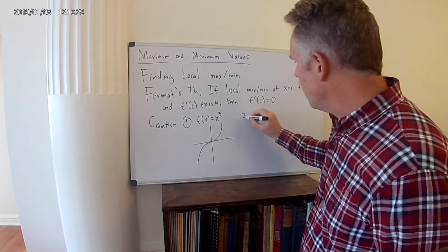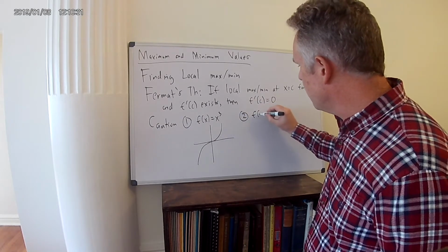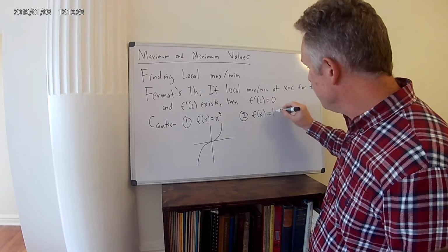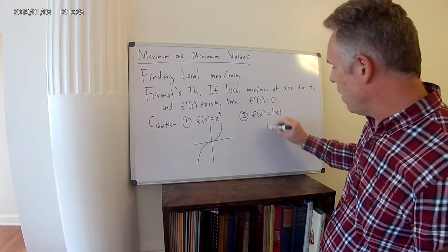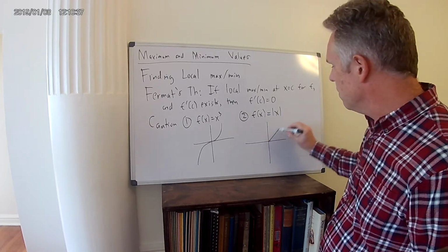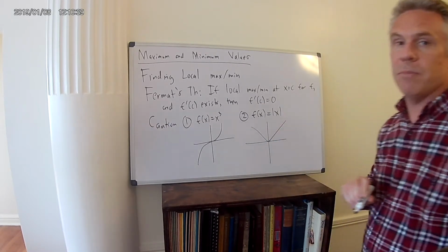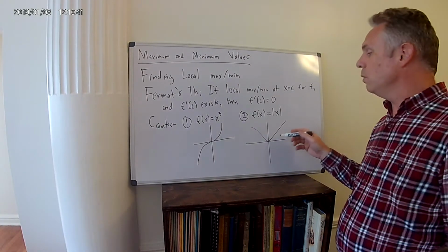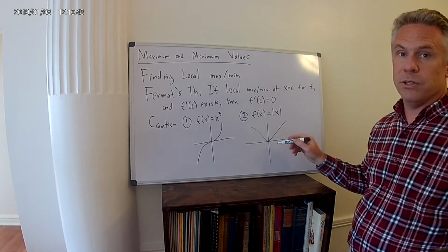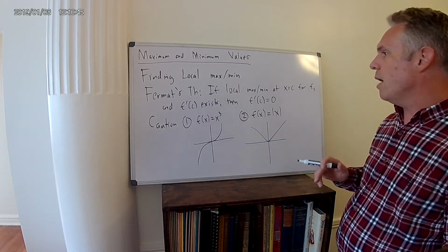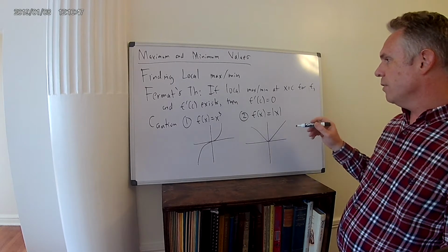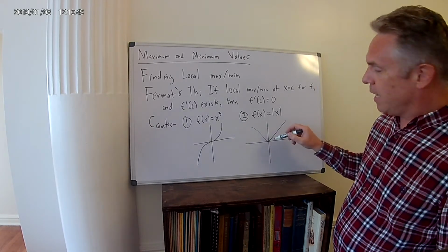And the other word of caution is in regards to this function, as an example, the absolute value of x. If we graph this function, we get our classic V shape. This has a global minimum at x equals 0, but we have a kink in the slope.